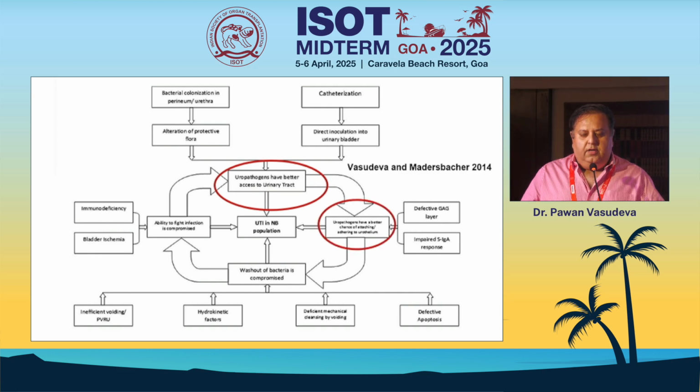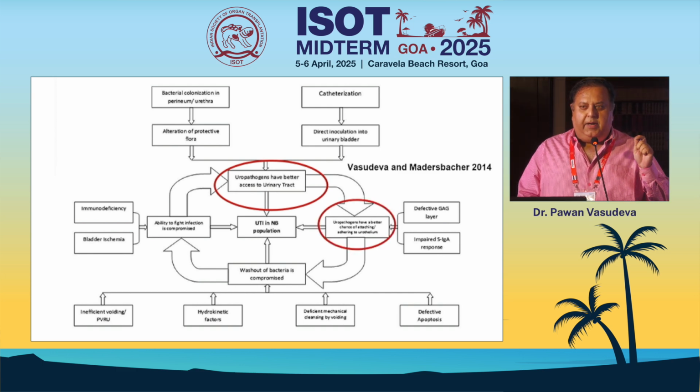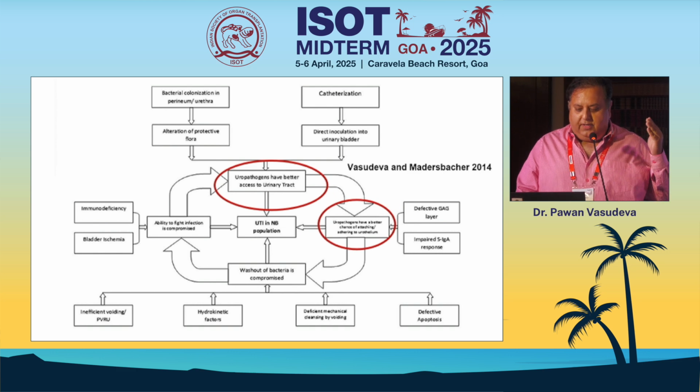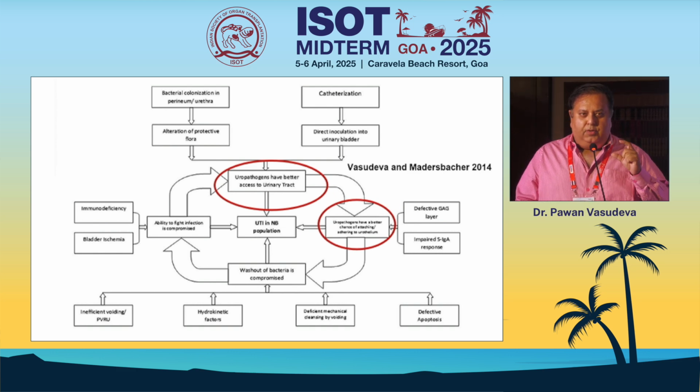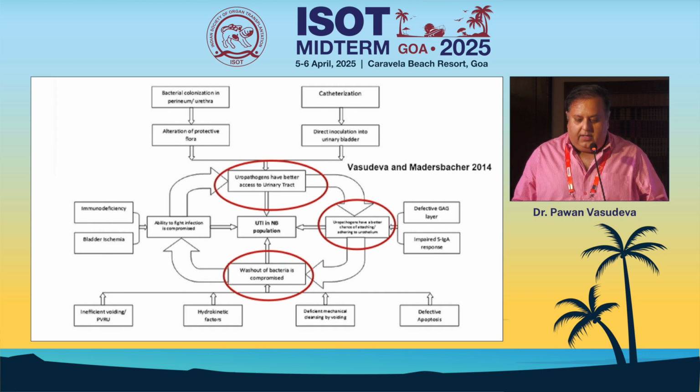The second is once it reaches, it sticks better. It sticks better because of a defective GAG layer or whatever reason, the organism is able to stick. The third, after it sticks, the body's reaction is that it should get washed out with urination. There are many reasons, inefficient voiding, hydrokinetic factors, that the washout is defective.